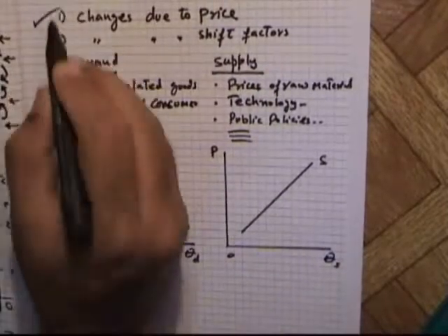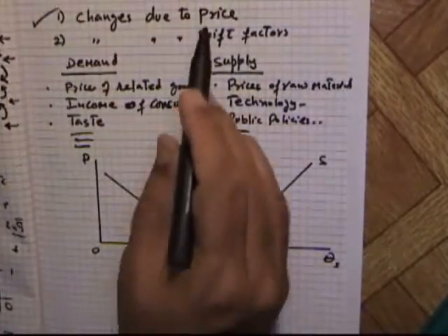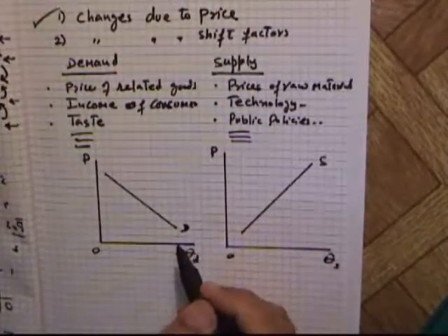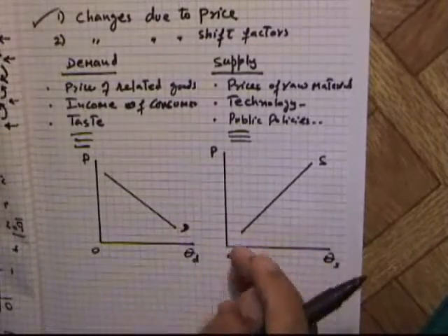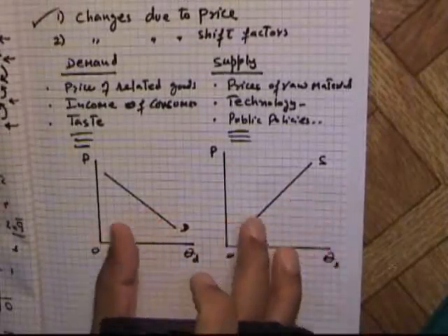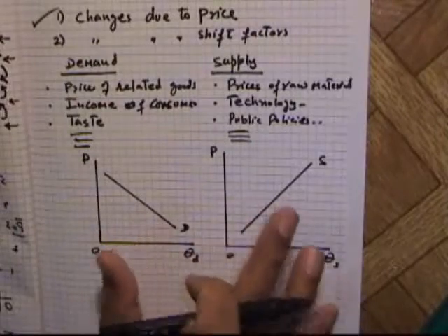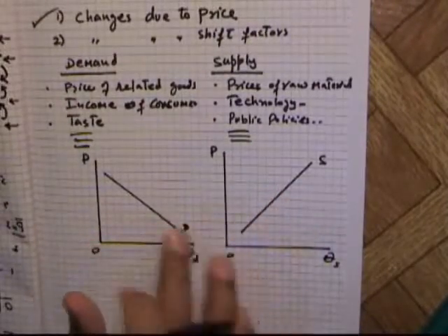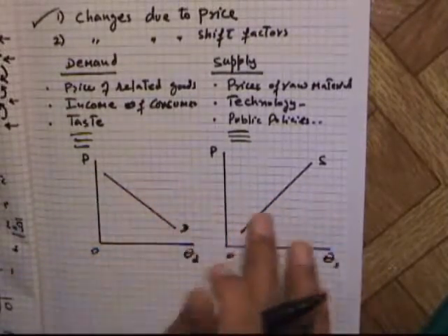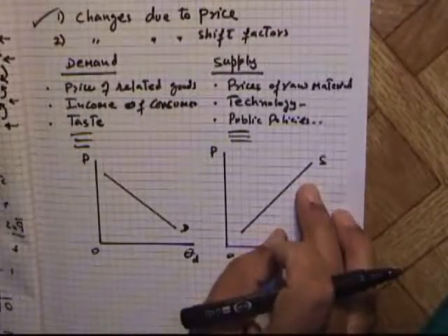When we are discussing the changes in demand due to price, we must remember this point, that the supply curve and demand curve will not change their position. They will remain at the same place where they are drawn originally.